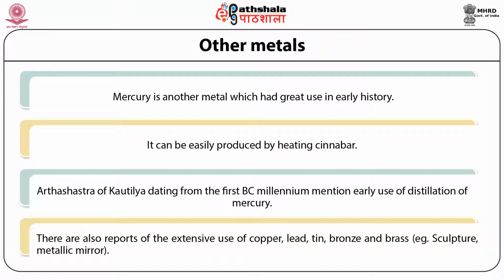Mirrors made of bronze were also used in ancient India. Doctor Sarada Srinivasan showed that the tradition of making metallic mirrors in South India from high tin bronze is still continuing. So now students, let us discuss the present day scenario.